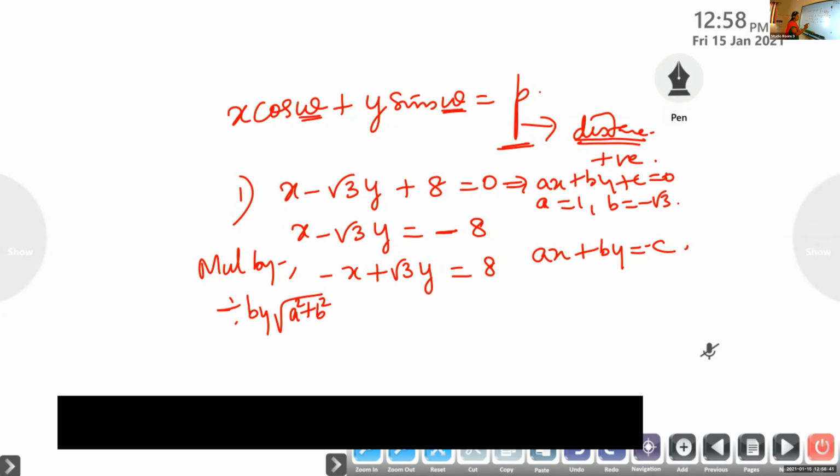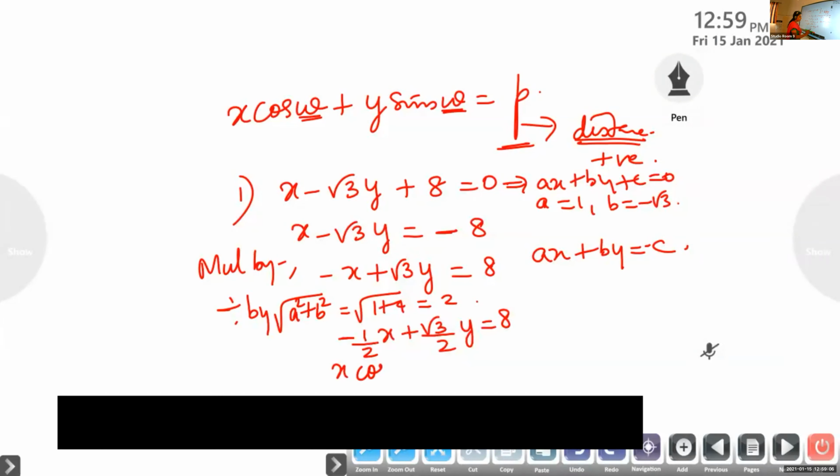So what is the square root of a square plus b square? It is the square root of 1 plus 3, which is 2. When you divide by 2, you get minus 1 by 2 x plus root 3 by 2 y is equal to 4. Is it clear, children? Are you able to understand? We are dividing by the square root of a square plus b square.